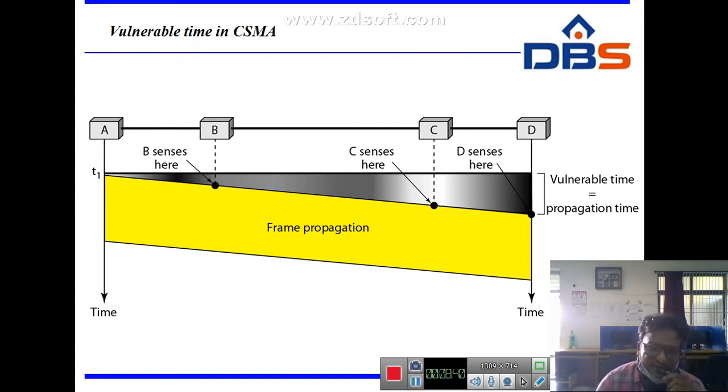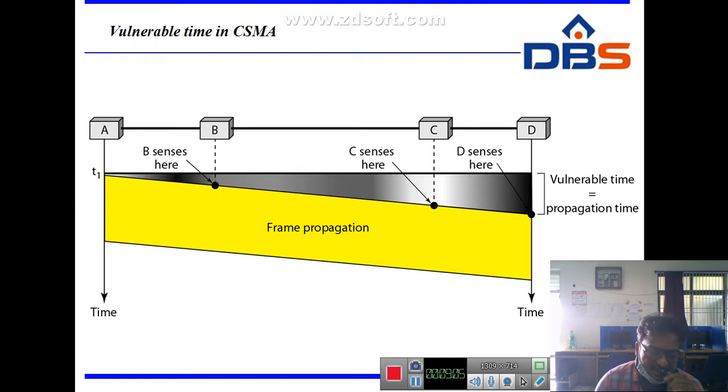To overcome this collision, we have to use different persistence methods. Those are the one-persistent method, the non-persistent method, and the p-persistent method. By using these methods, we transmit the data from one end to another.